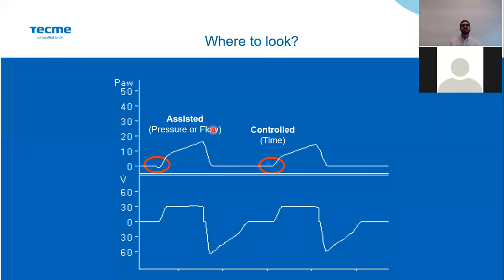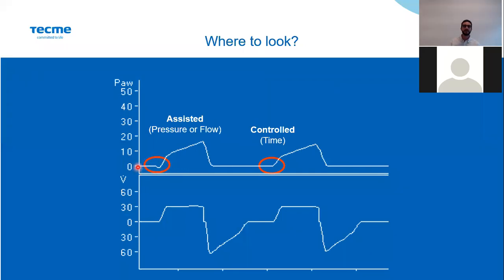Here we can see a graphic of two different triggers. This is the airway pressure and this is the flow. If we are in an assisted ventilatory mode, we will see this kind of graphic.